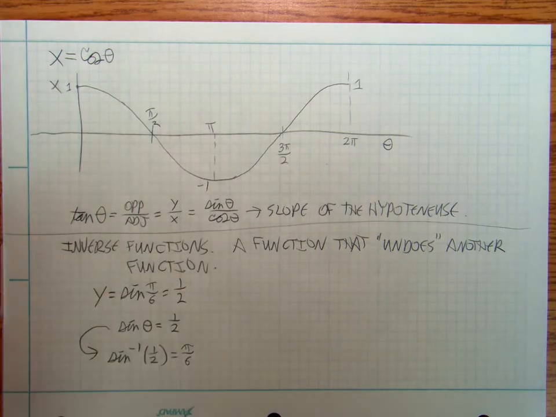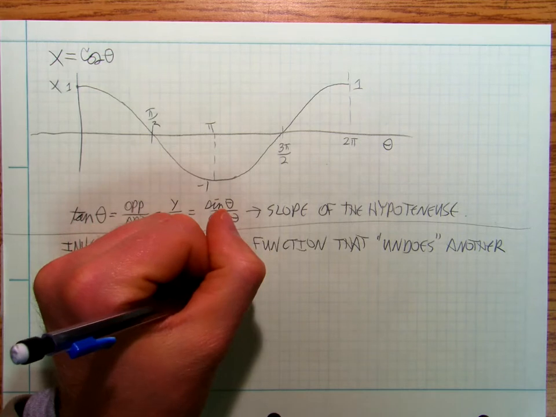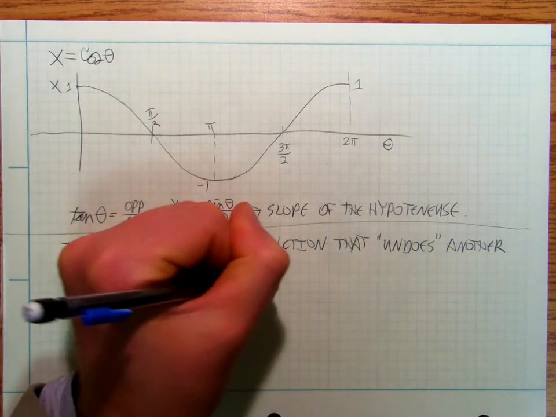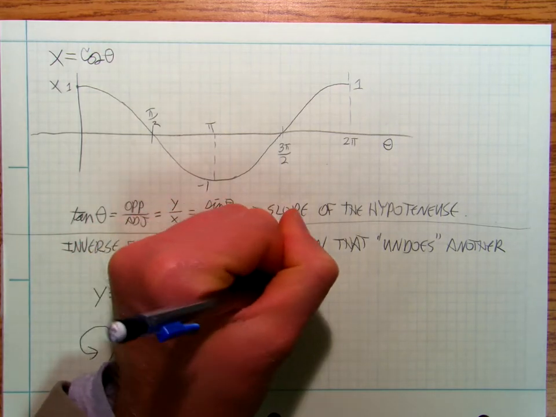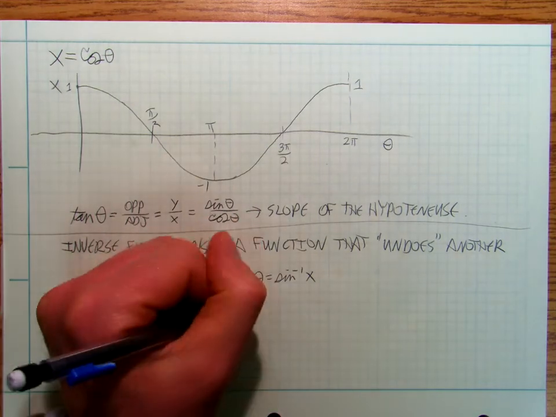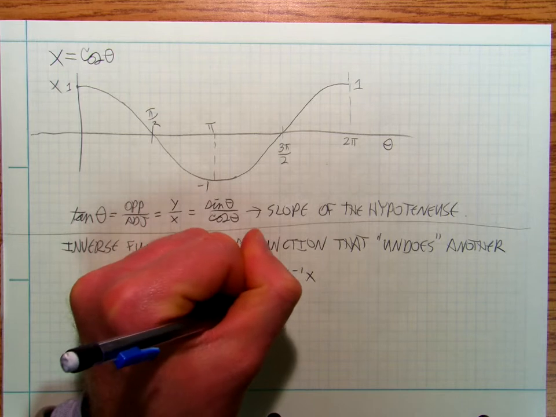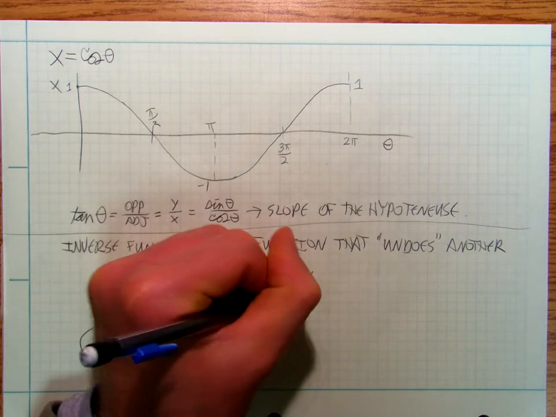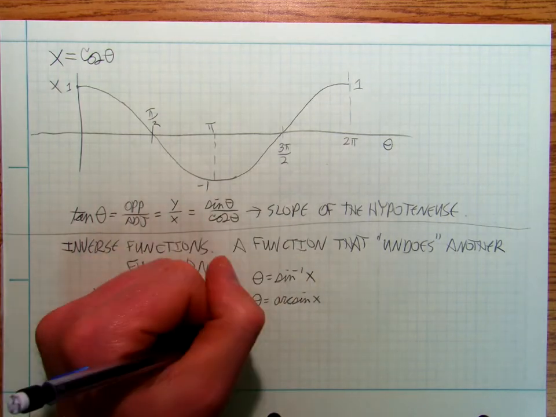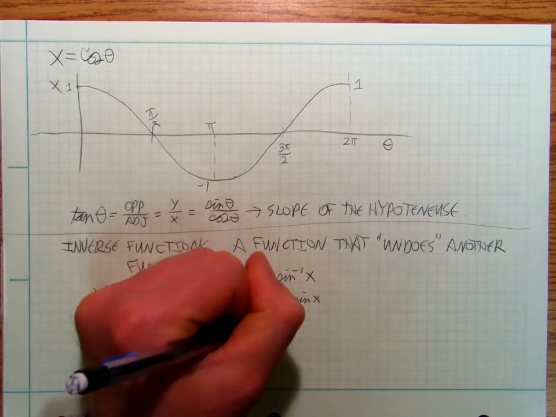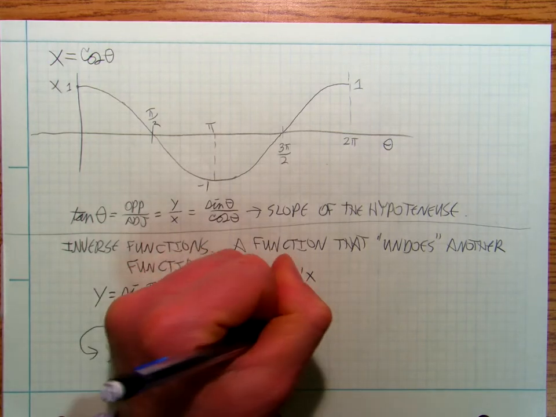You're going to see lots of different notations in your life. You're going to see theta equals sine inverse of x. You're also going to see theta equals arc sine of x. You're going to see theta equals a sine of x.